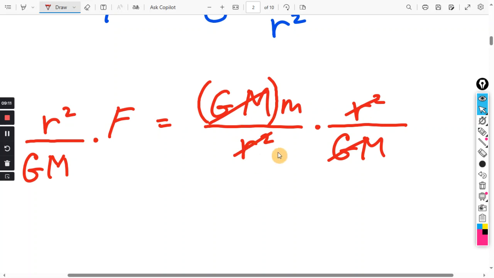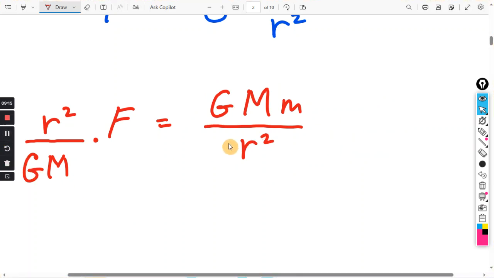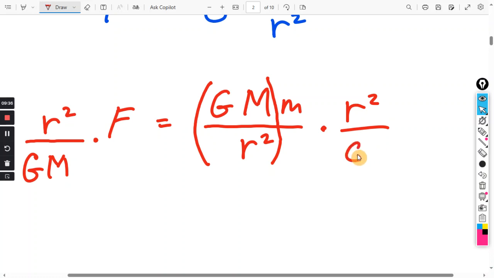If you want to see me do this another way, I'll show you real quick. All right, this is probably better. We're trying to find lowercase m. If you take this whole fraction right here, m is times this fraction, okay? And if we want to get rid of this fraction, you just multiply by the reciprocal. So GM over r squared becomes r squared over GM. All right, I just multiplied by the reciprocal, and do the same thing to both sides.